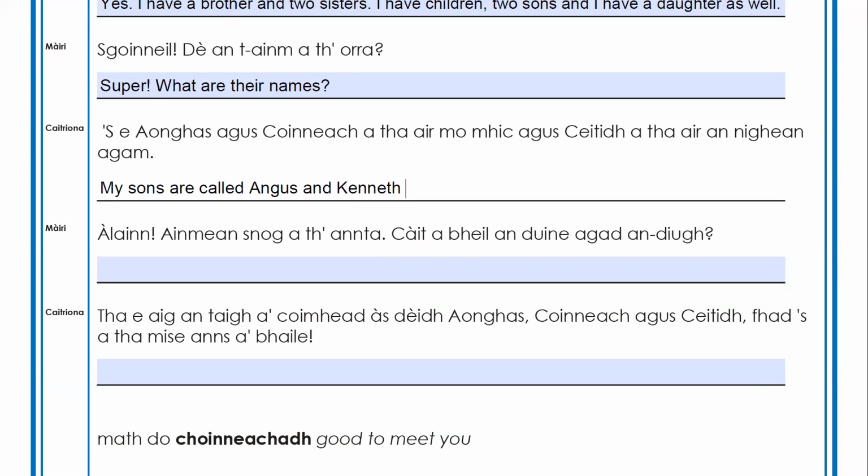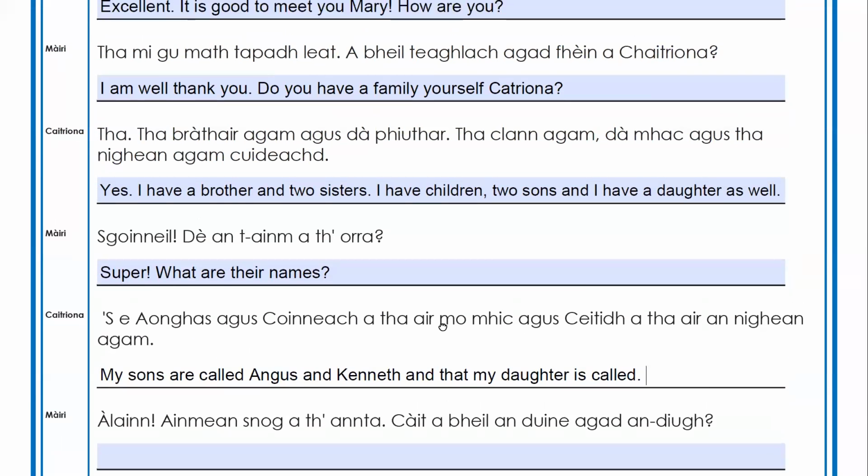So it's Angus and Kenneth that my sons are called, and Katie is what I call my daughter, what my daughter's called. See, the sentence structure in Gaelic is considerably different from the English there.